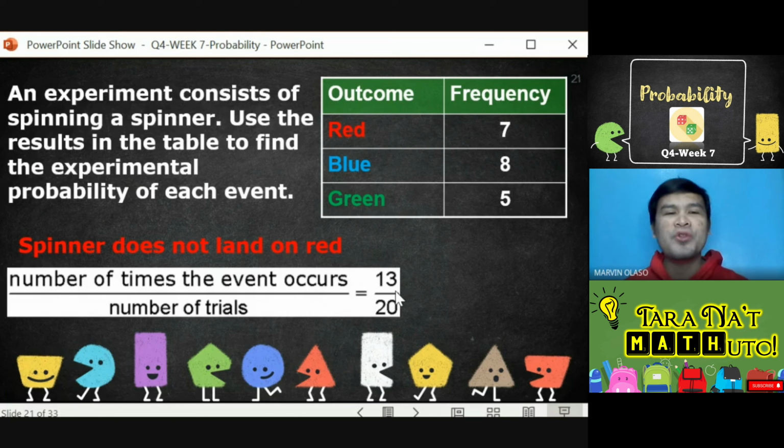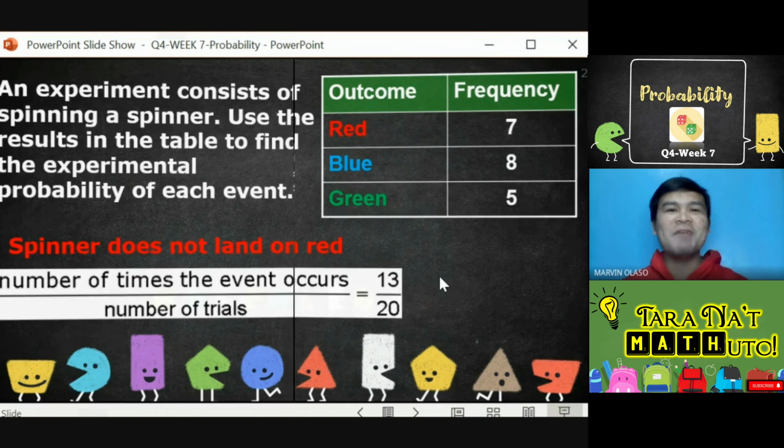Saan ba nakuha yung 13? Since nagland tayo sa red ng 7, so ang tinatanong yung hindi sa red. So we have blue and green. So we will add blue, 8 plus 5, we have 13. Over the total number of trials, 7 plus 8 plus 5, we have 20. So the answer is 13 over 20.